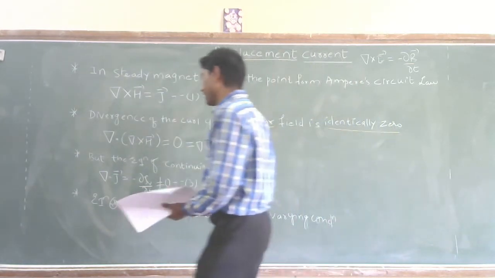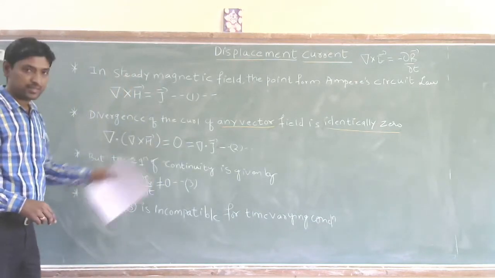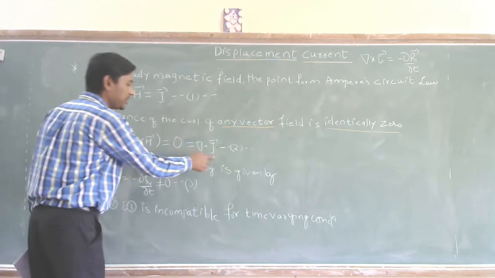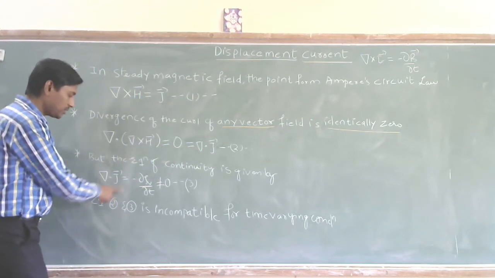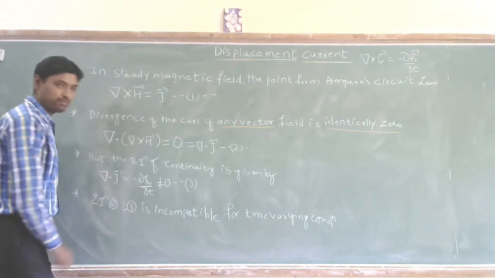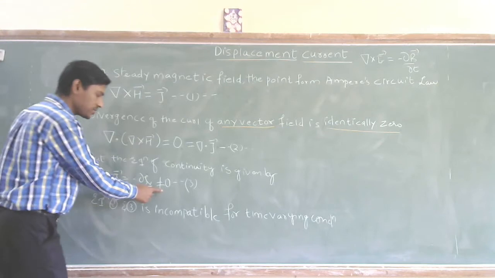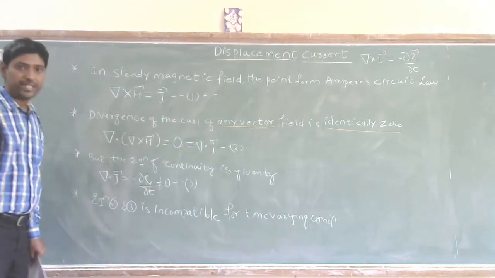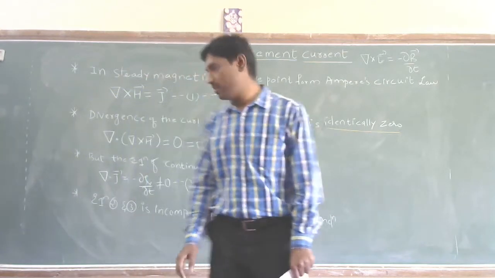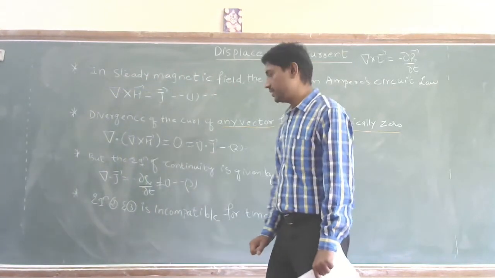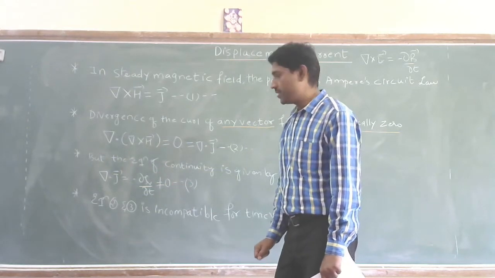Because what does equation 2 tell us? From equation 2, del dot J is 0. But I know that del dot J is actually given by minus dou rho V by dou t, which is not 0, at least for the time varying case. For the steady case it is 0, that's fine, not a big deal. But for the time varying case that is not 0.